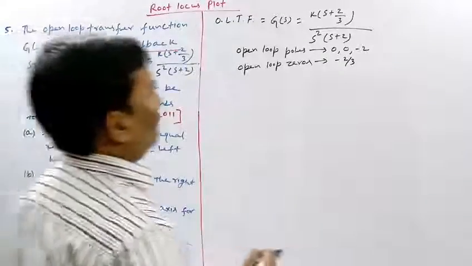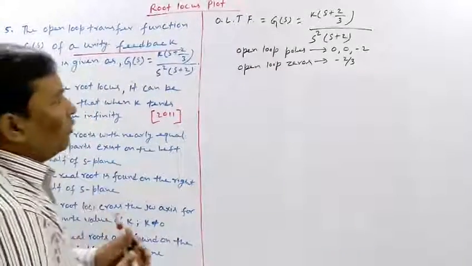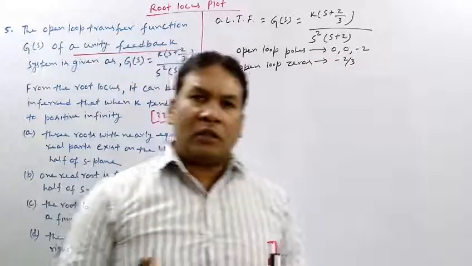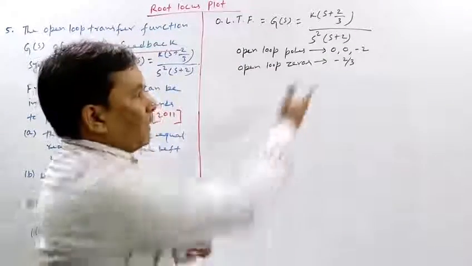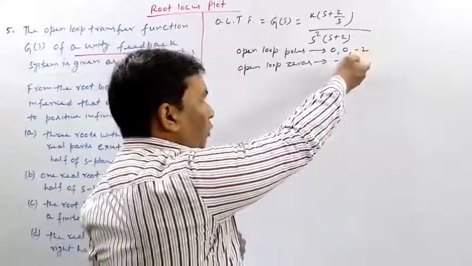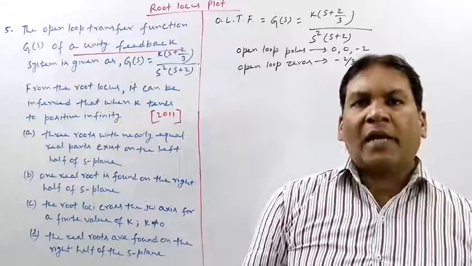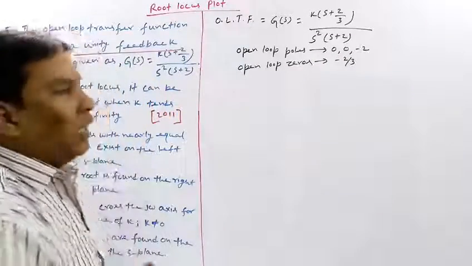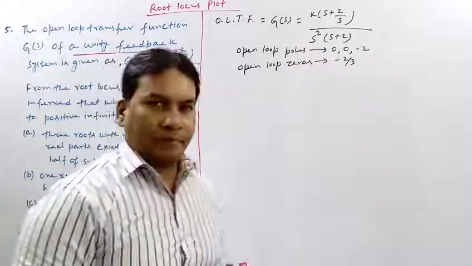Now let me calculate the centroid, because there are 3 poles and 1 zero. So the root locus will have 3 branches. One of them will terminate at the open loop zero at S equal to minus 2/3, and the rest 2 of them will terminate at infinity along the asymptotes.